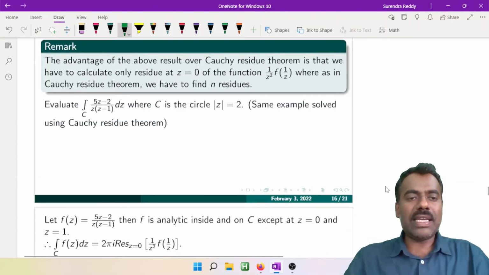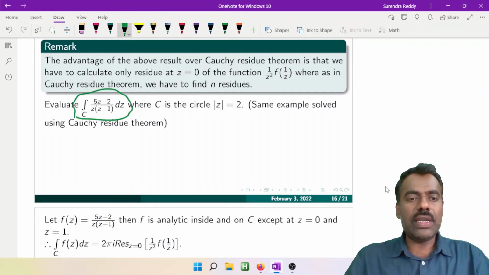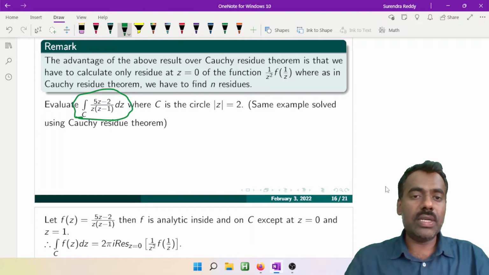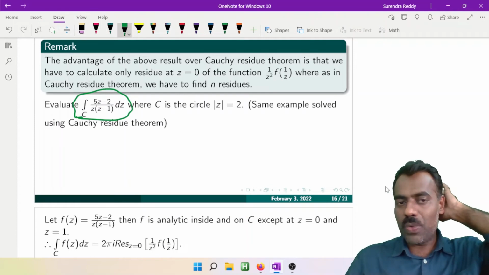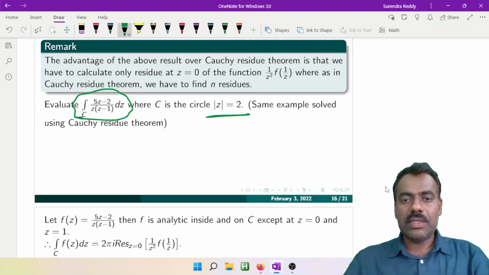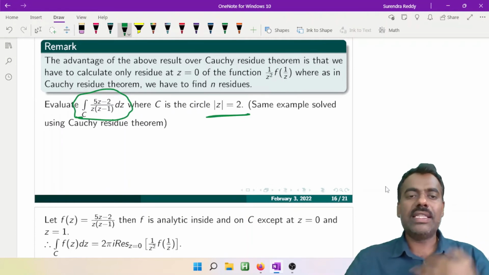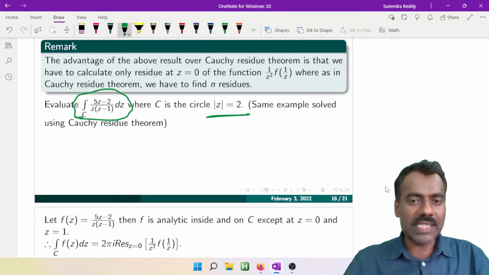For example, take this example which we have already calculated. At z equal to 0 and z equal to 1, two residues we calculated, then we took the sum. Because here we have singularities only at z equal to 0 and z equal to 1, if you take mod z equal to 2, then 0 and 1 lie inside this circle.